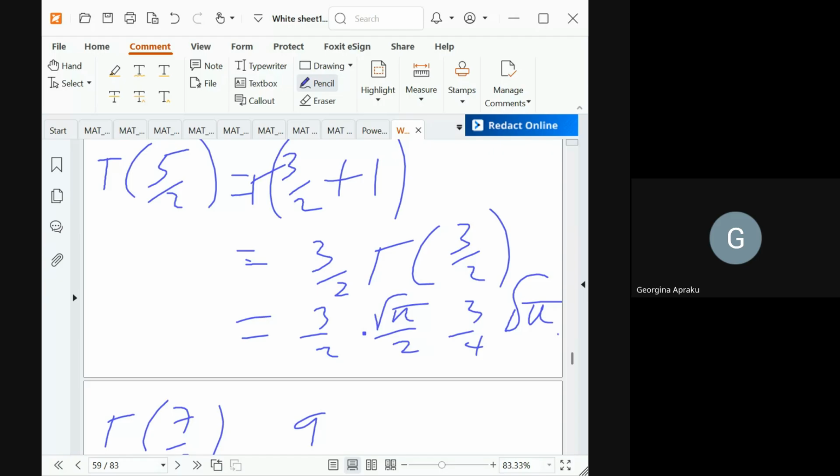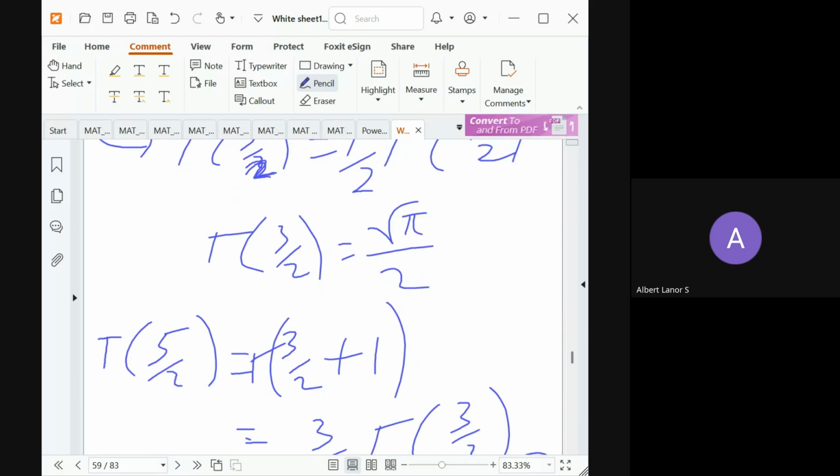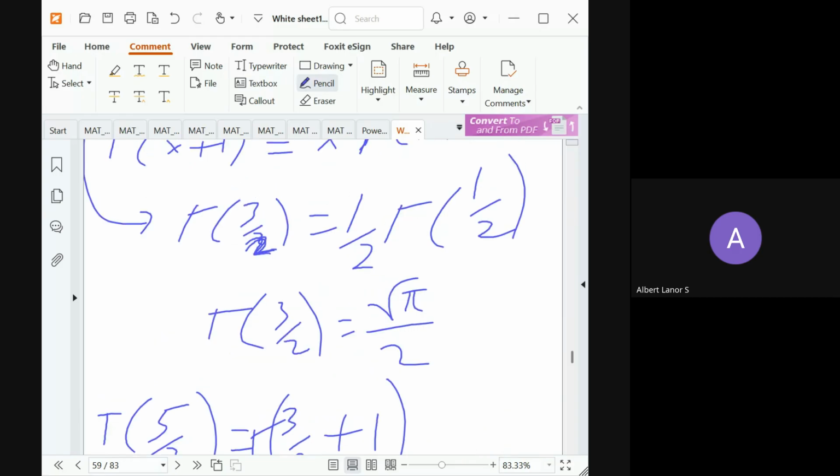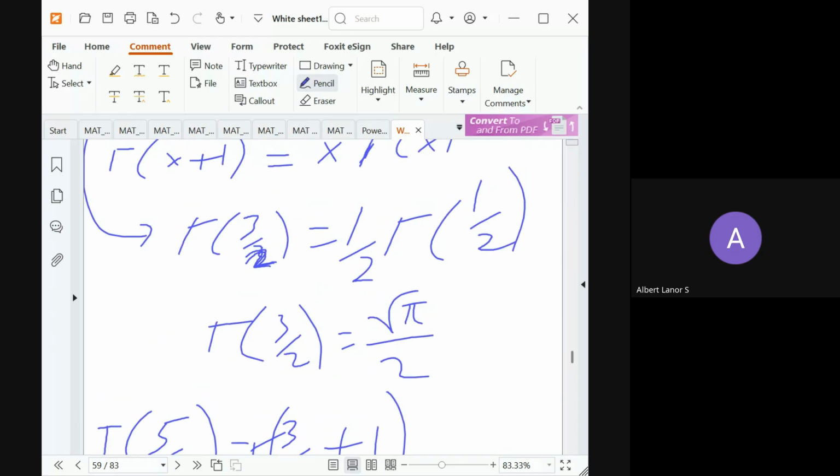So then how did you get gamma of 3 over 2 to be root pi over 2? Oh, we showed that. So gamma of 3 over 2: you bring the x out, x times the gamma of the previous.